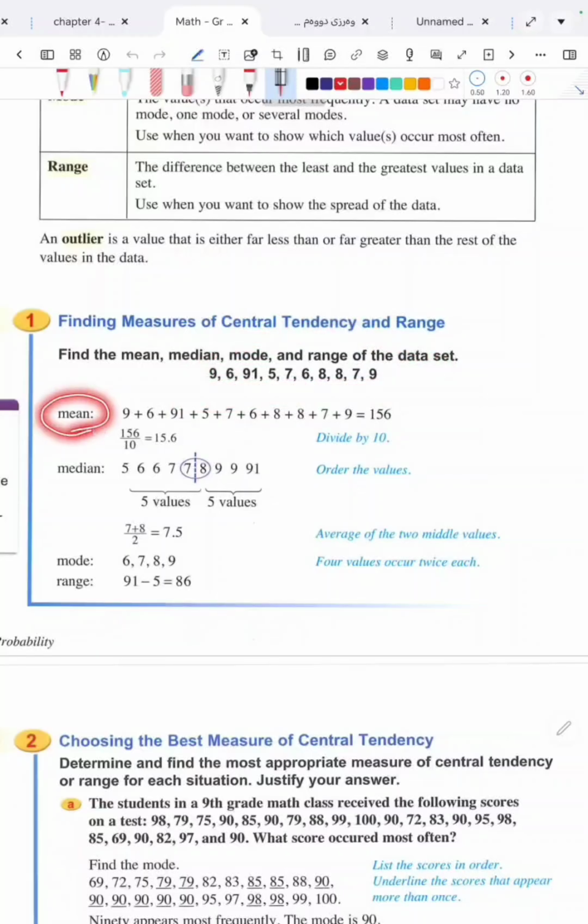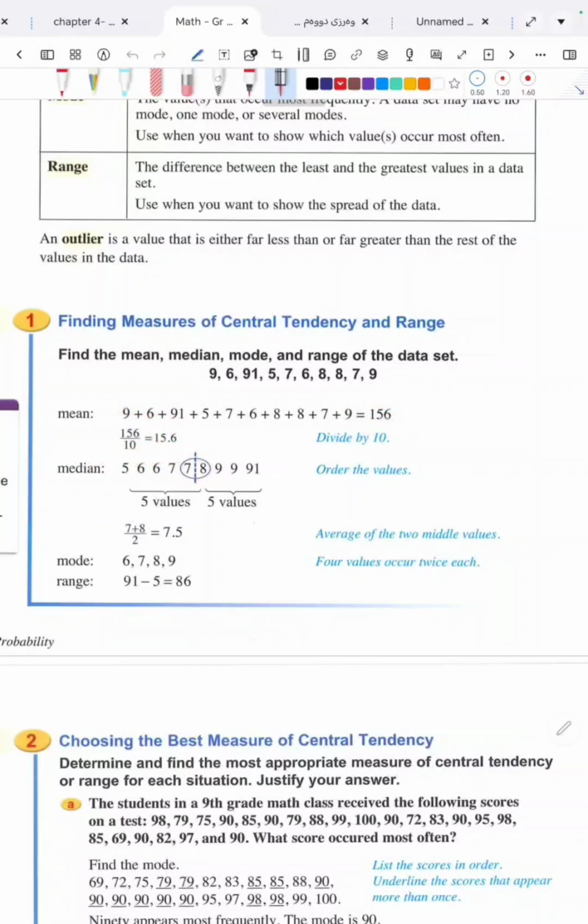For the mean, you have to add them all, then divide by how many data you have. Let's see, 1, 2, 3, 4, 5, 6, 7, 8, 9, and 10. We have 10, so 156 divided by 10 equals 15.6.